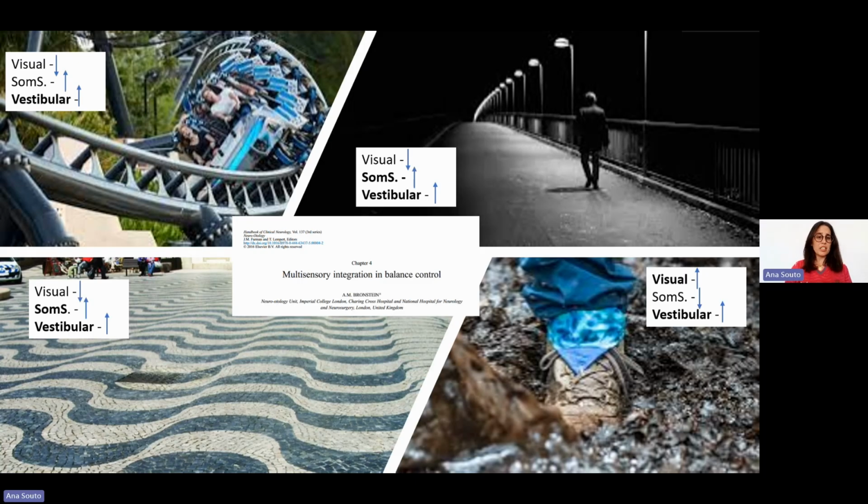But for us to be able to safely go through this path, we need to again increase the weight on the information coming from the somatosensory system and from the vestibular system.